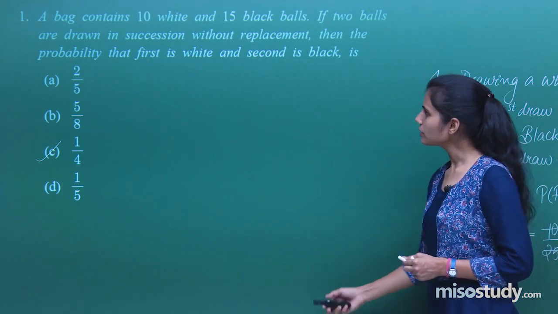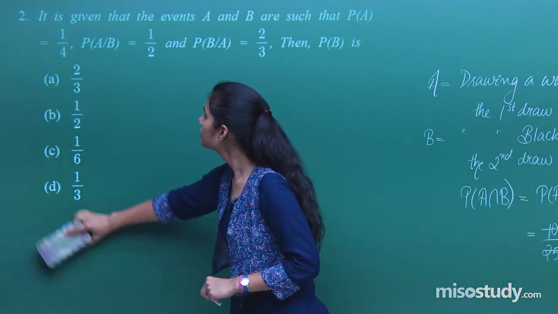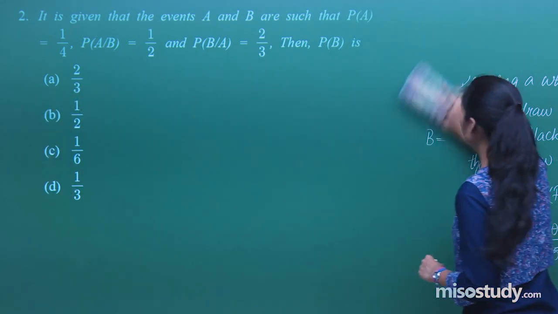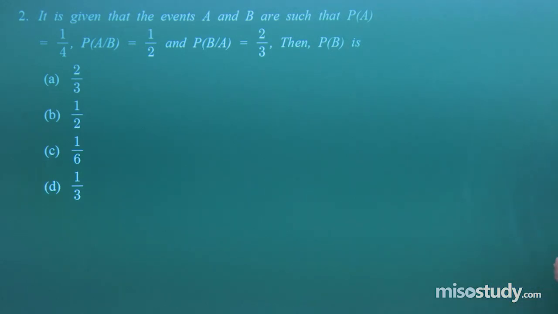Now moving on to the next question. It is given that the events A and B are such that probability of A is 1 by 4, probability of A by B is 1 by 2, probability of B by A is 2 by 3, then what is probability of B?